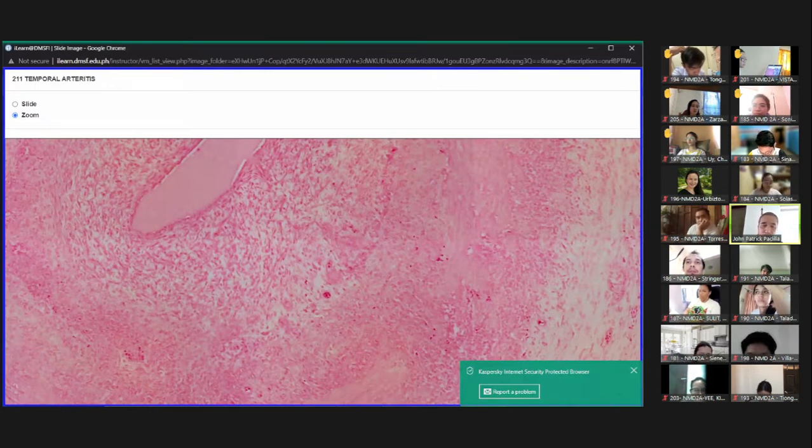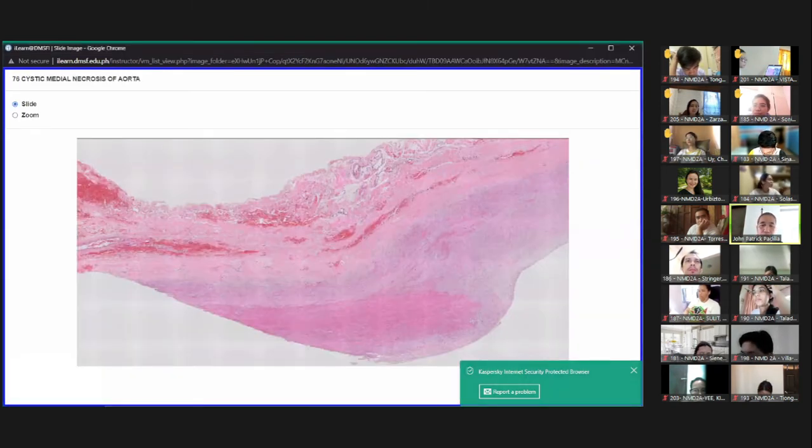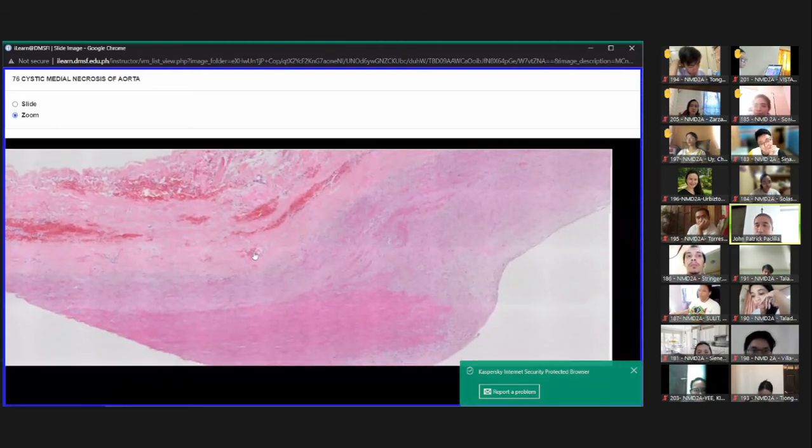Next, we have cystic medial necrosis of the aorta. Cystic medial necrosis would be a prelude to aortic dissection. This would be one of the conditions, aside from hypertension, that would be the etiology for aortic dissection.